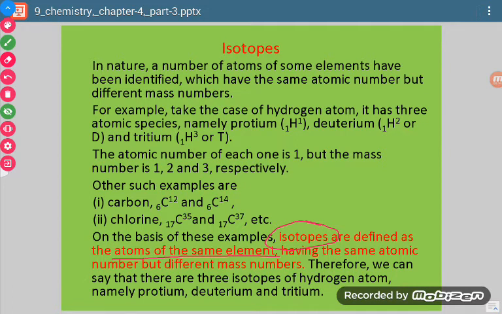The second quality is that they have the same atomic number. And the third quality is that they have different mass numbers. Just like carbon, these are two species of the same element carbon. They have the same atomic number 6 and different atomic masses, 12 and 14. Okay, so such species are called isotopes.